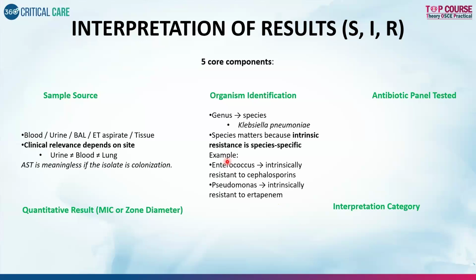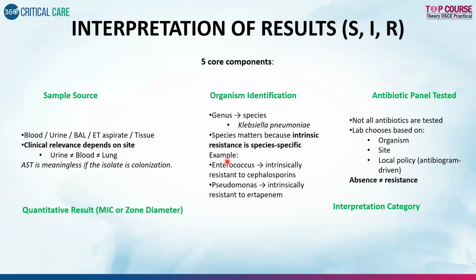For the antibiotic panel which is being tested, sometimes not all antibiotics get tested. Usually depending on the source from which the isolate was taken, based on your local antibiotic policy, only that group of antibiotics would be tested. So absence of an antibiotic should not be considered as resistance to the antibiotic.